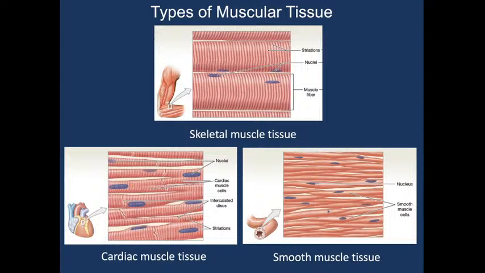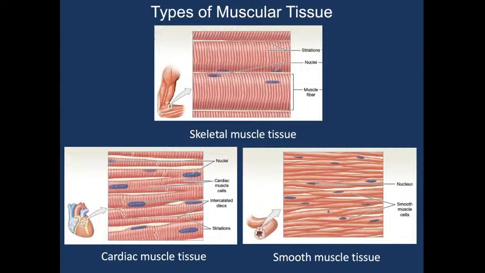There are three types of muscular tissue in our body. You see, it is skeletal muscle tissue, cardiac muscle tissue, and smooth muscle tissue. What is skeletal muscle tissue? It is so named because the function of most skeletal muscles is to move the bones.